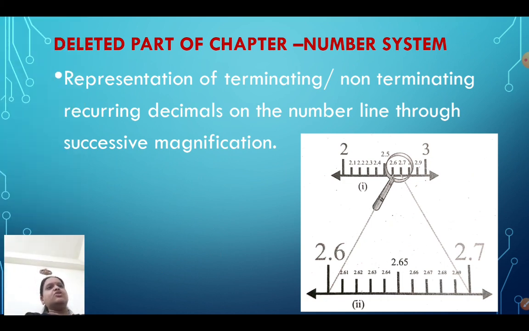The deleted part of the chapter number system, the first point, is representation of terminating or non-terminating recurring decimals on the number line through successive magnification. Do you remember this part? I have shown it with the video. How to represent a recurring number like 4.66 or 2.345, how to represent.